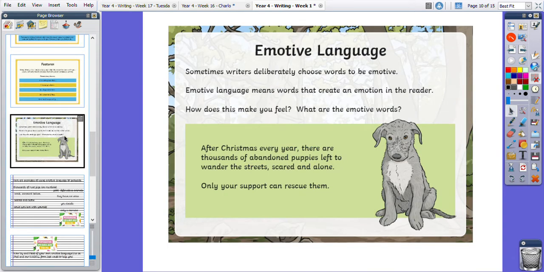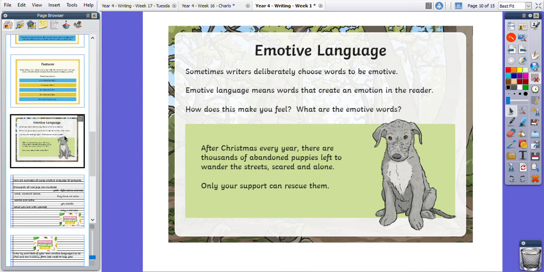Okay. Emotive language then. Sometimes writers deliberately choose words to be emotive, so to make you feel something in particular. Emotive language means words that create an emotion in the reader. So how does this make you feel and what are the emotive words? It says, after Christmas every year, there are thousands of abandoned puppies left to wander the streets, scared and alone.